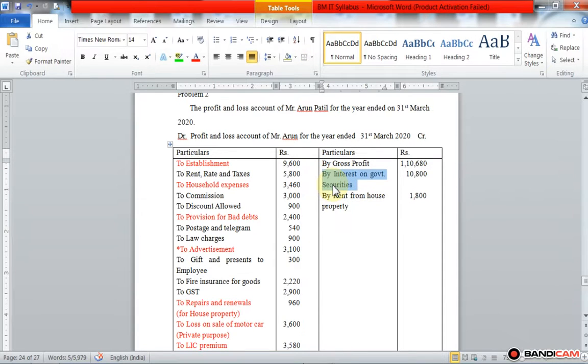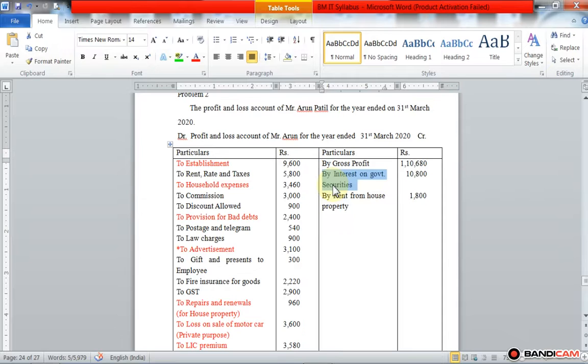Income from other sources is not allowable as business income, so it is deducted from net profit, because if we write excess income under other heads, it will increase the net profit of the business.